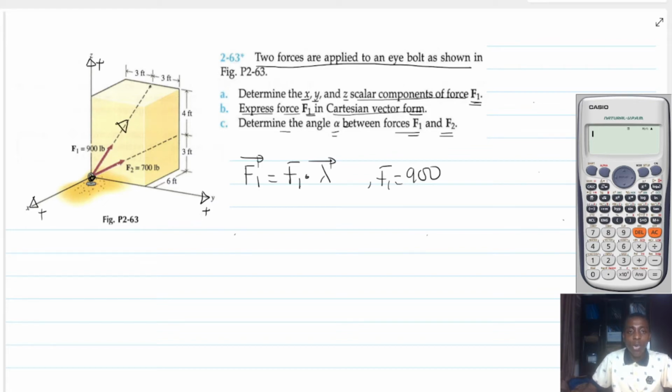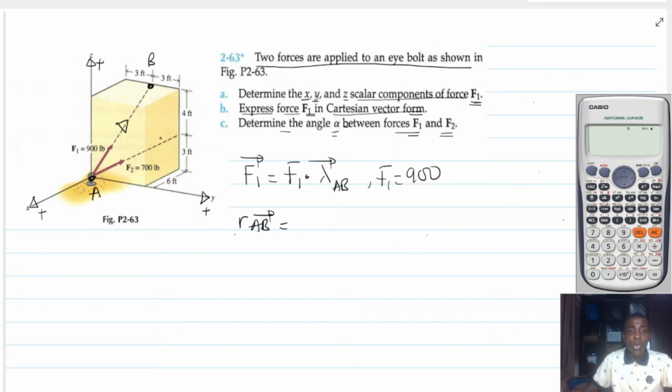Let's call this point B, and let's say this is point A. Then I'll walk from A to B. First of all, let's describe a position vector. That will help us to find the unit vector.